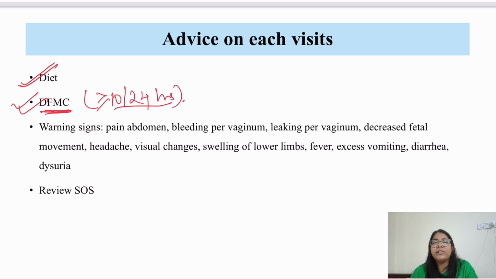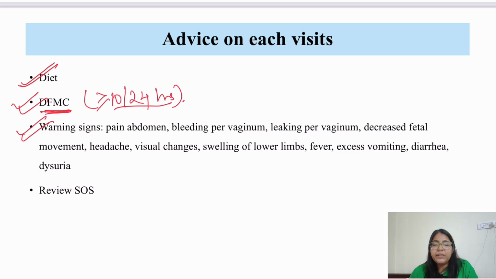So you tell the patient, after each meal in the morning, daytime and night time, for 1 to 2 hours to keep her hand over the abdomen while she is walking, sitting or lying down, and try to feel the movement of the fetus. If in 1 hour she is feeling 3 to 4, that is enough. So when we add up the 3 times, it should be more than or equal to 10. If it is less than that, she needs to report to the hospital emergency with decreased fetal movement.